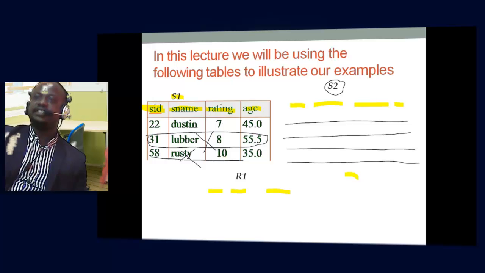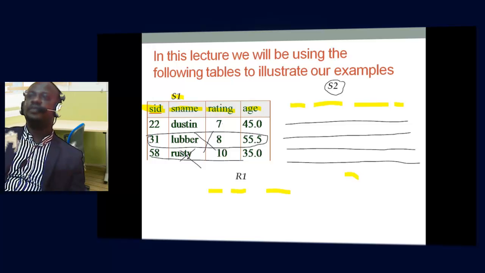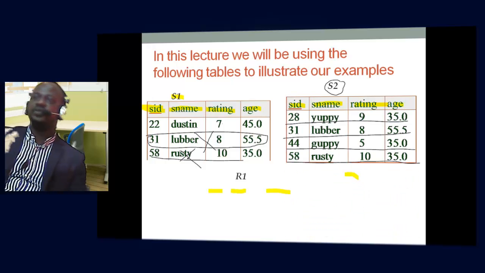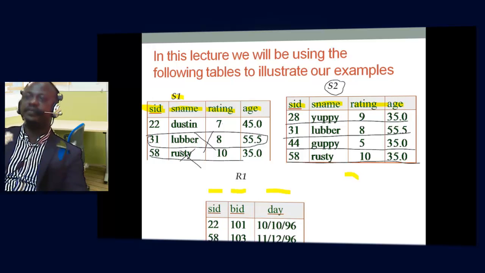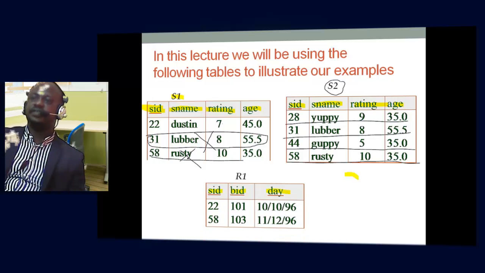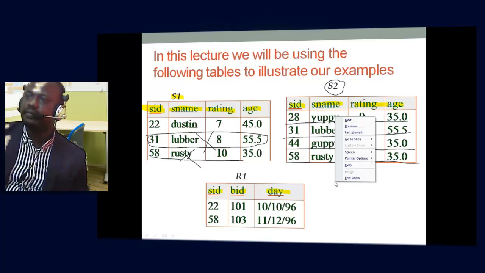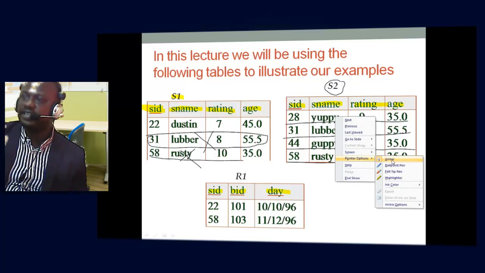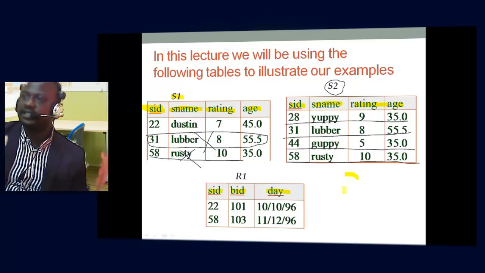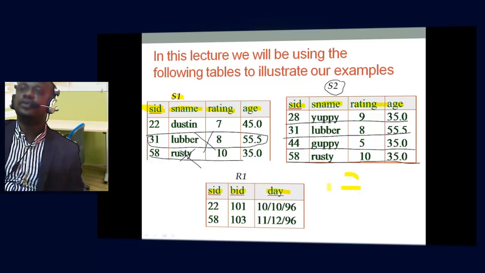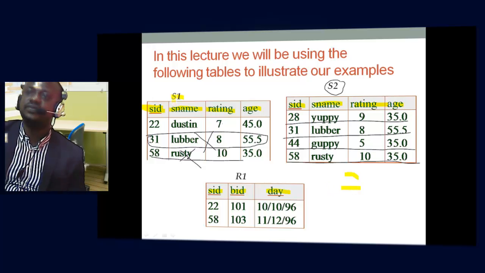Now in this lecture, we'll be using the following tables to illustrate our examples. As you can see there, let me take a pointer so that you get it well. We have relation S1 and relation S2.